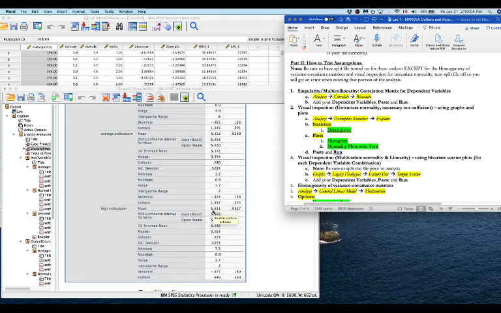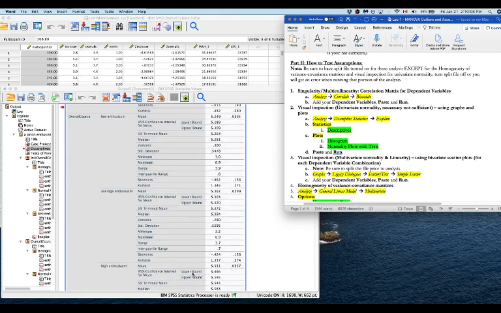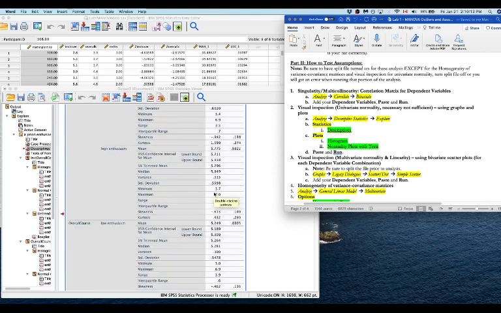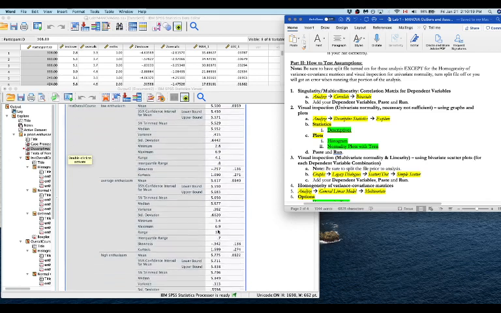So a mean of 5.5 for enthusiasm, a mean of 5.3 for overall course, mean of 5.5, 5.6, 5.7. This can be important sometimes depending on what scale you're using.